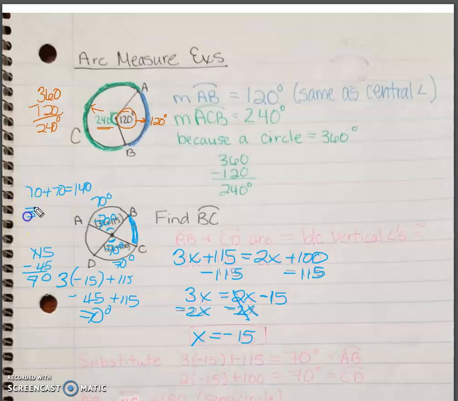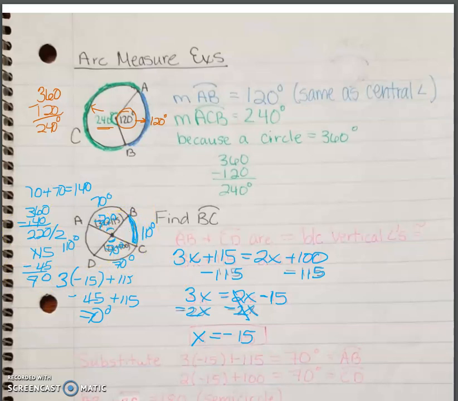I know the circle is 360, so if I subtract that 140, I get 220. Now, these two are vertical angles, so I can divide that by 2, and I get 110. So that means arc BC is 110, and arc AD would also be 110 degrees.